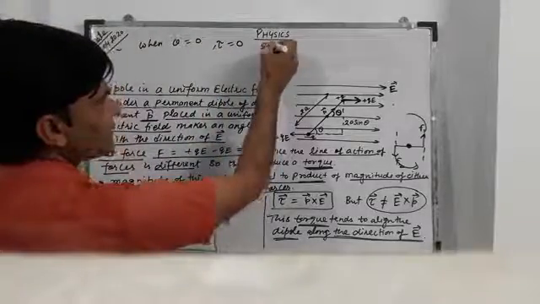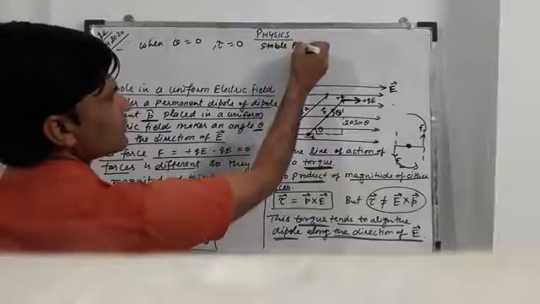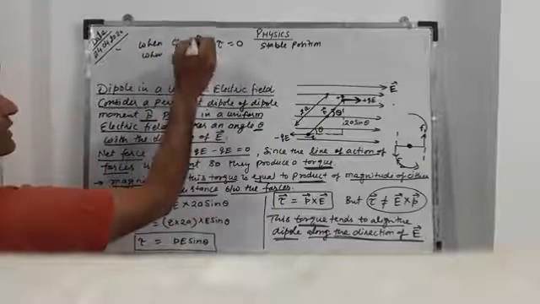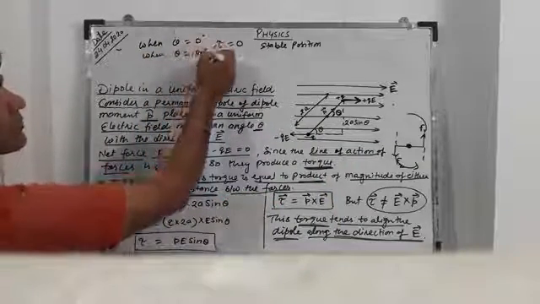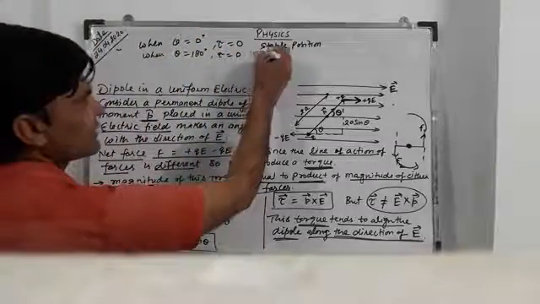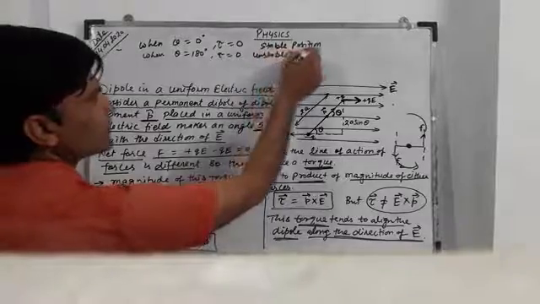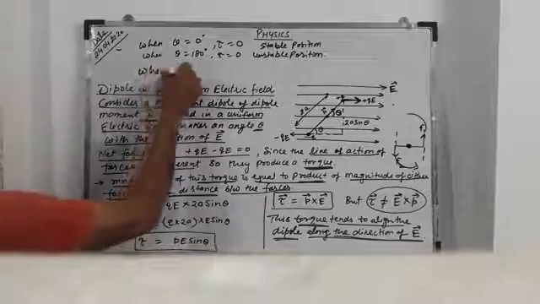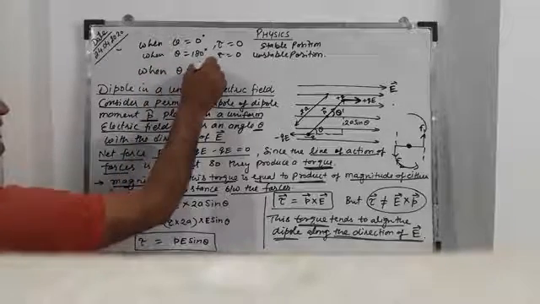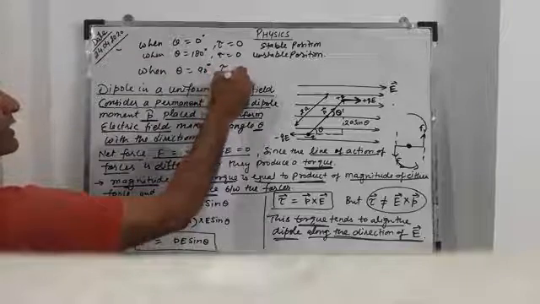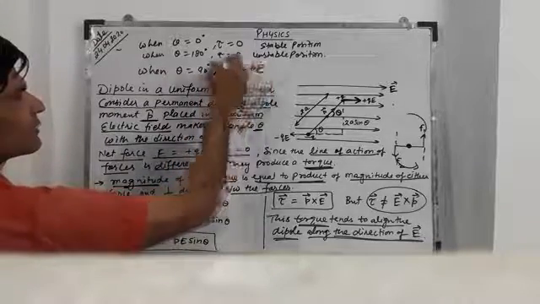This is the stable position. When theta is equal to 180 degrees, tau is equal to 0, but this is an unstable position. And when theta is equal to 90 degrees, it experiences a maximum torque, that is PE.